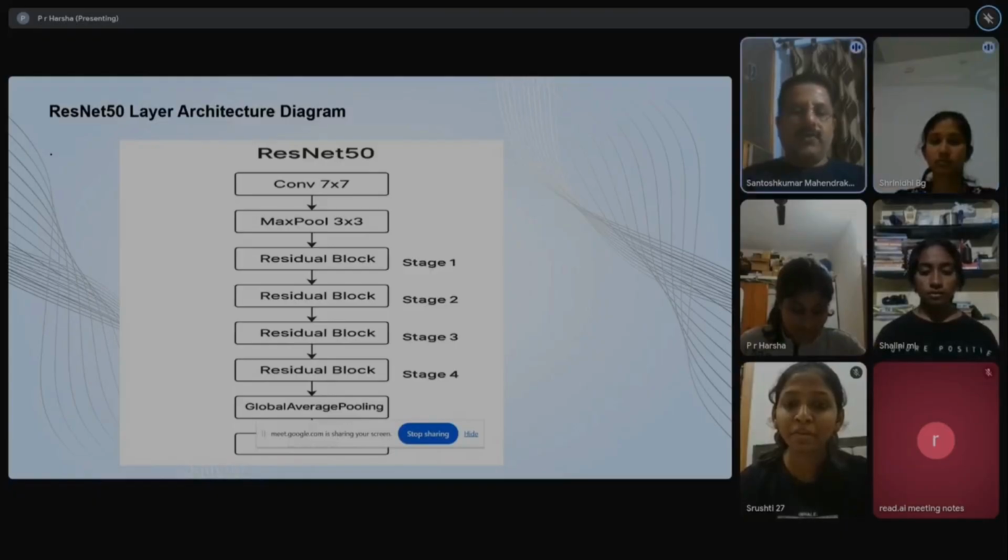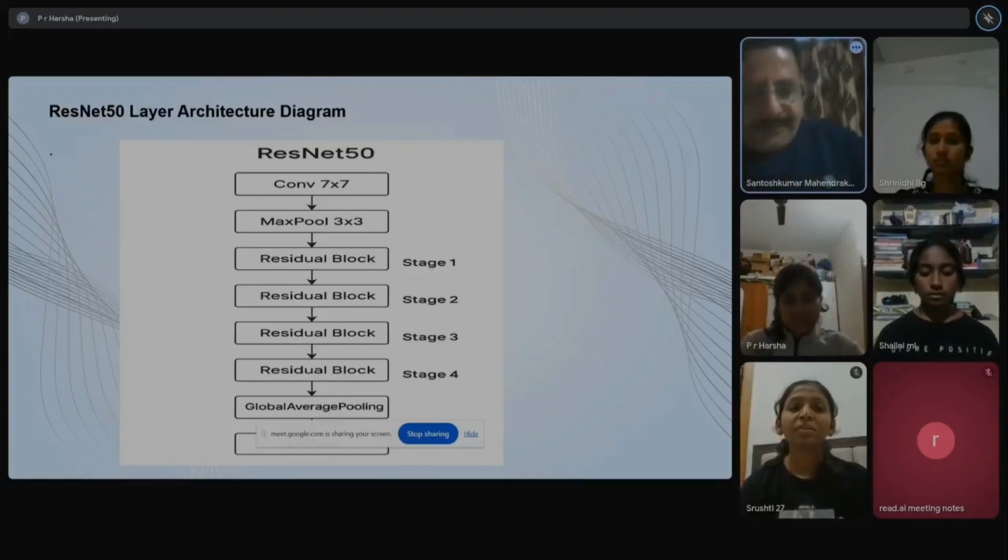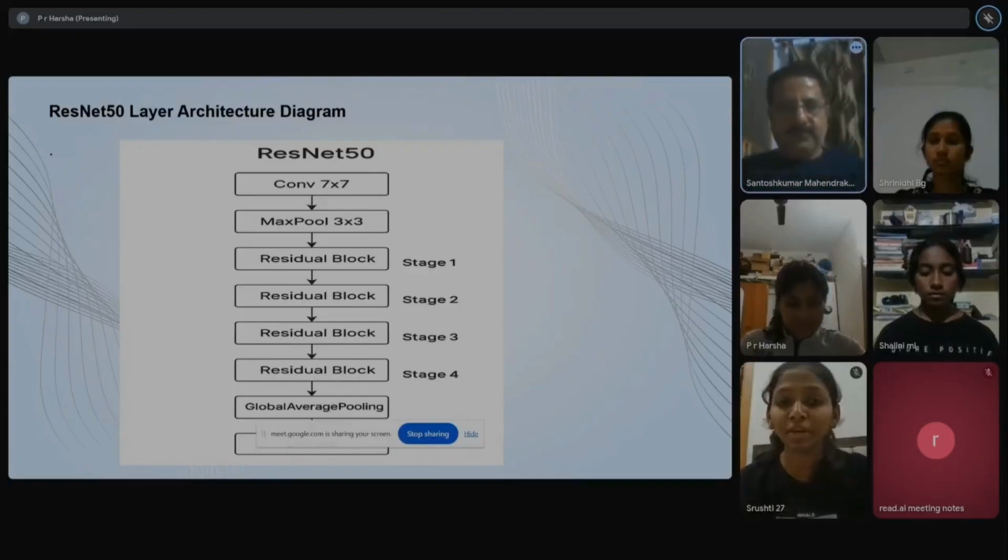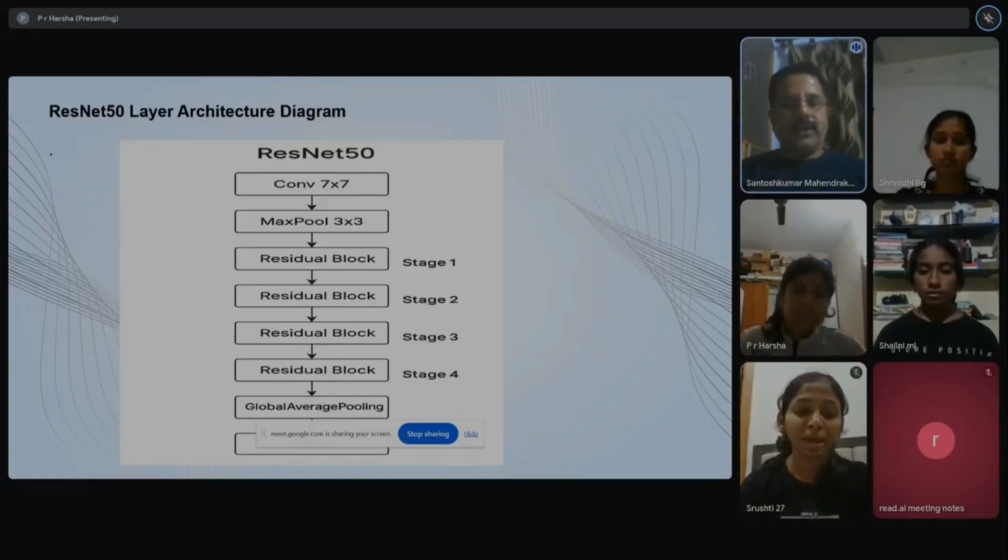Okay. What is the difference between residual block and global average pooling? Don't know. Okay. Go to the next slide.